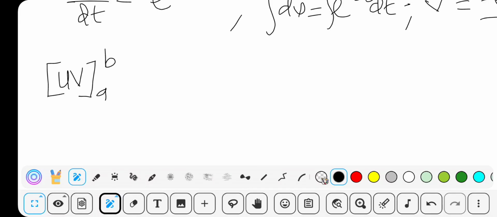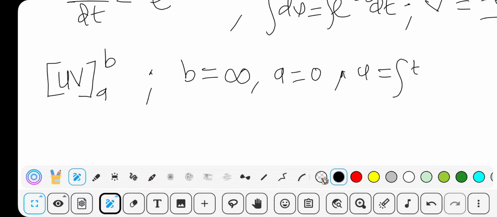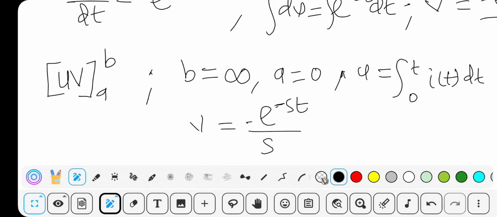We have our b to be infinity and a to be equal to 0. u is equal to the integral from 0 to t of i(t) dt, while v is equal to minus e^(-st) over s.